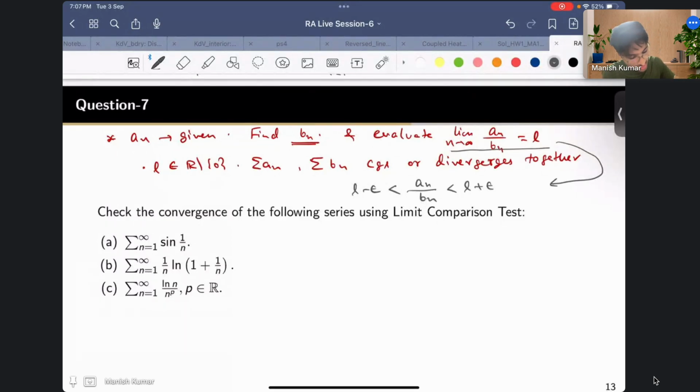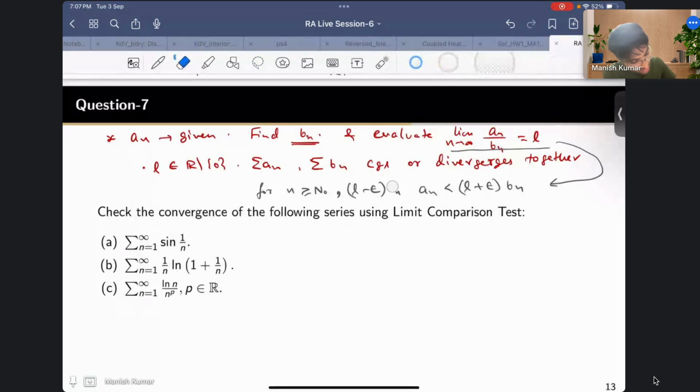So for n greater than or equal to n naught, you have this kind of behavior, and this is nothing but saying that an is bounded above by L plus epsilon times bn and bounded below by L minus epsilon times bn, right?